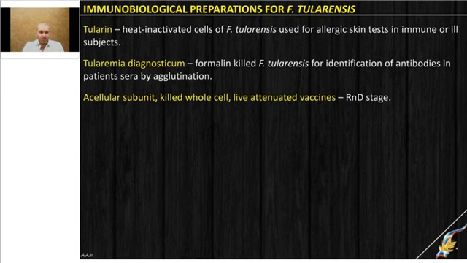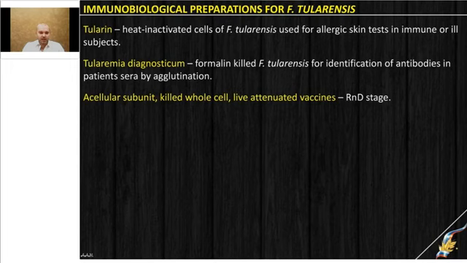And the same tularemia diagnosticum, which is actually killed cells of Francisella tularensis preserved in formalin, is used as an antigen to identify the presence of antibodies in the patient's sera. Of course, you should understand that in the first days of disease, antibodies cannot be present in the patient's sera, so that test is only for confirmation of immunity or for later diagnosis.